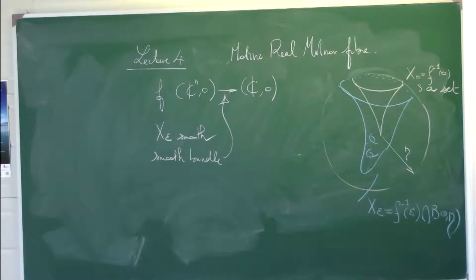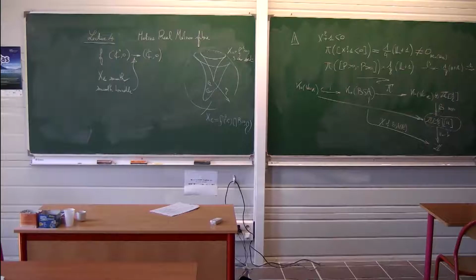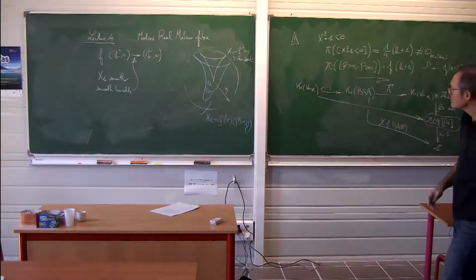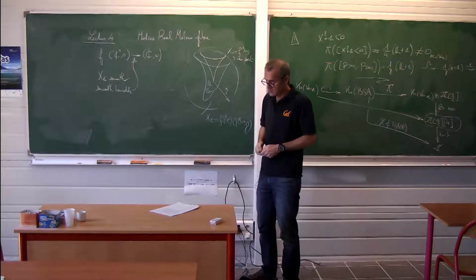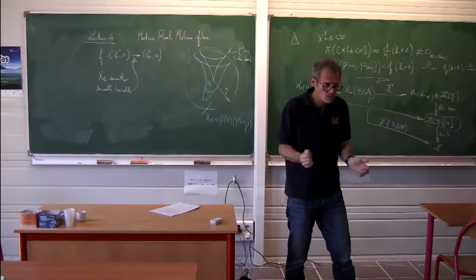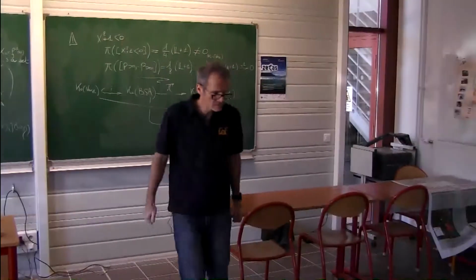So if you are away from singularities in the compact situation in the closed ball, you have a smooth fibration. So the blue topology is the same, whatever epsilon is. And at the limit, when you arrive at the white object, the blue cycles have disappeared.